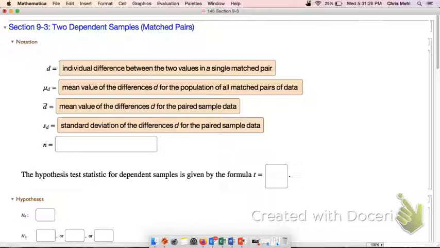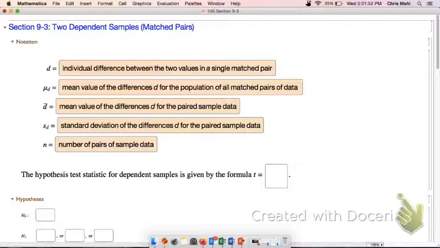s sub d: remember lowercase s stands for sample standard deviation. The subscript d tells you this is the standard deviation of differences for the paired sample data. And n is the number of pairs of sample data, or you can think of it as the number of values in either of the two samples.